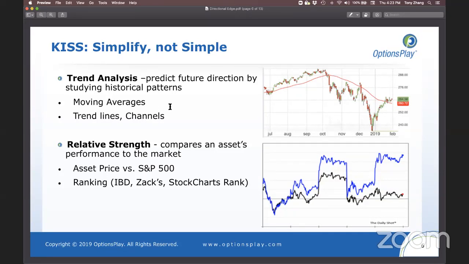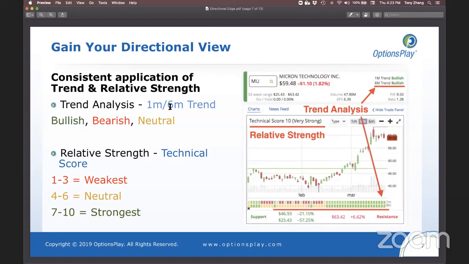So that's why here at OptionsPlay, we really wanted to give you a simplified view of these indicators. And instead of giving you specific indicators to look at and teaching you how to look at those indicators, we do the analysis for you and only give you an output. And the output is based on the same methodology day in and day out, so that all you have is a consistent reading of the same moving averages day in and day out.